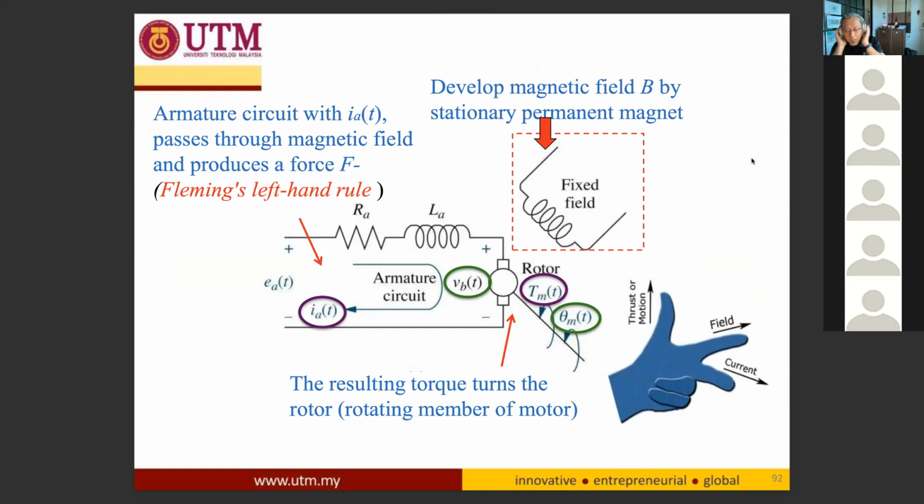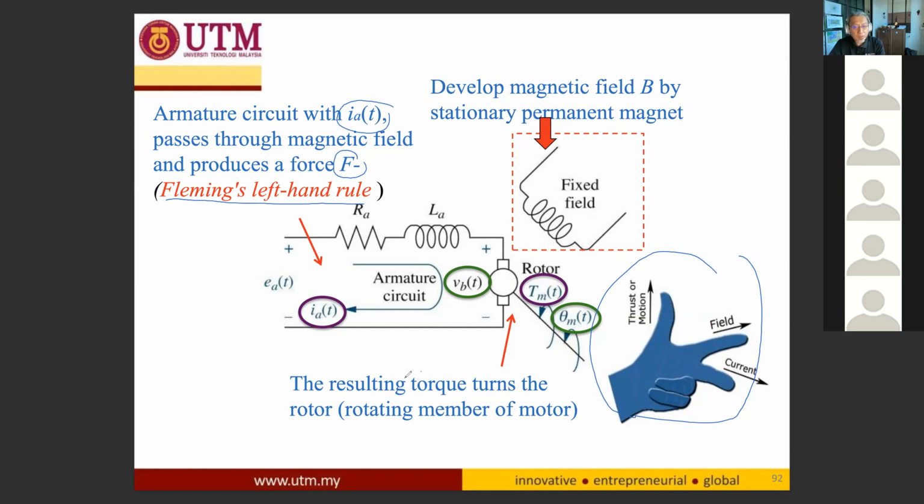So the current in the armature circuit is known as IA, the armature current. It passes through the magnetic field and produces a force, using Fleming's left hand rule, which is shown here. So we have 3 fingers. The first finger is the motion or the thrust, the second finger is the field, and the middle finger or the third finger is the current that flows in the circuit.